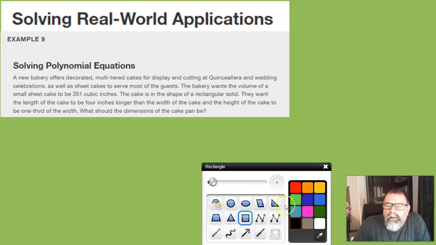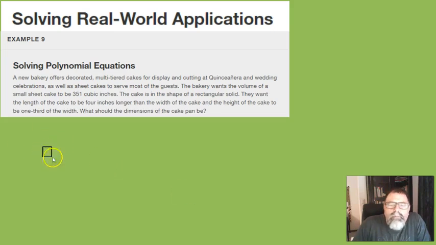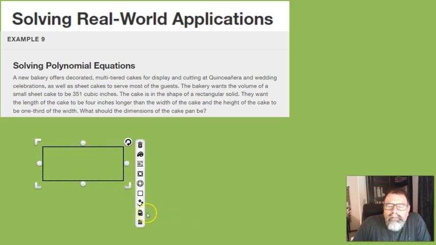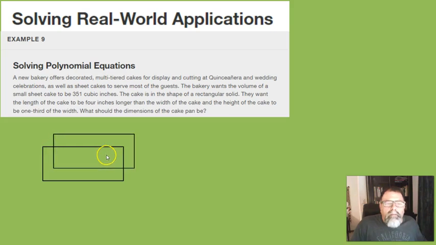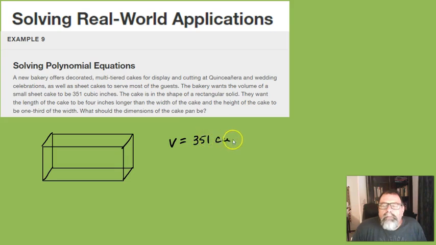Okay, rectangular solid, from that first read. So let me make my rectangular solid cake. I want the volume to be 351 cubic inches, inches cubed, same thing.